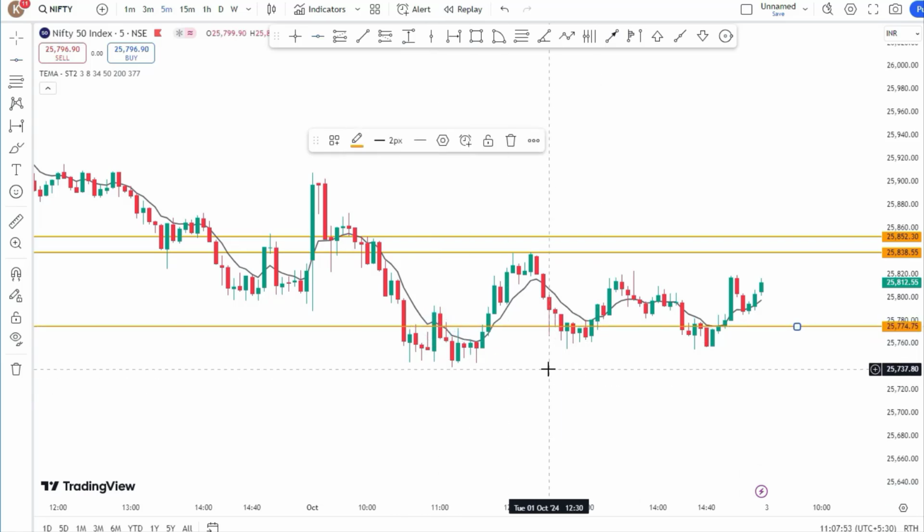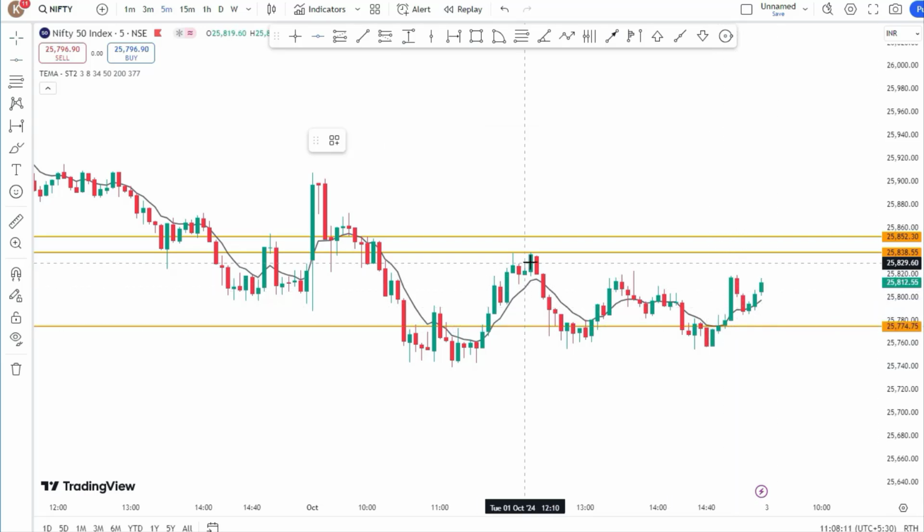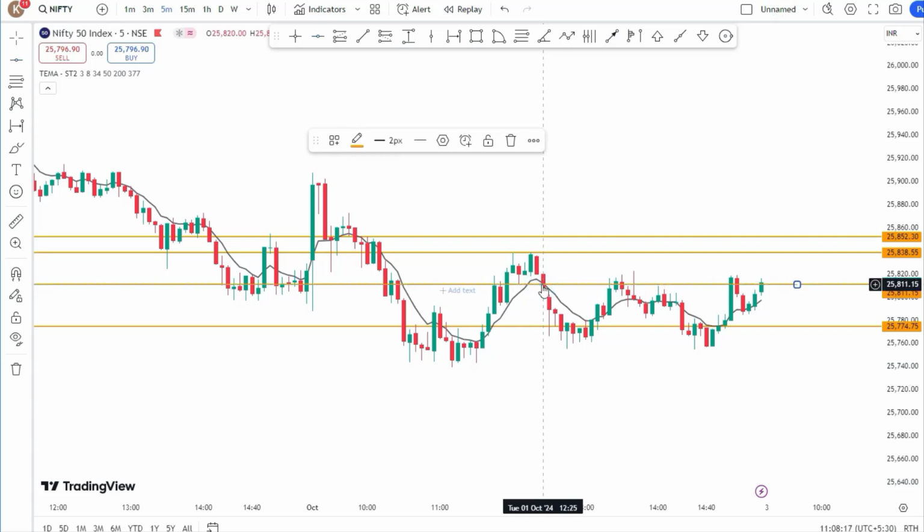We can see how the price is moving here, getting support and then moving to the upside. For the next crossover we will go here, and this is the next crossover, so I will just put a line here.